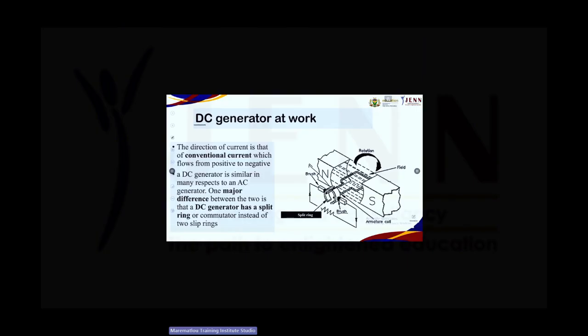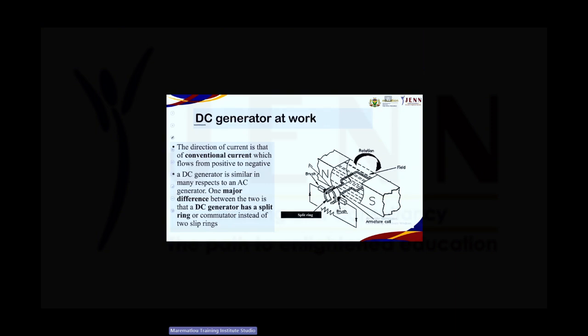And that is one of the major differences when we look at our motor and our generator. So a DC generator has a split ring, whereas an AC generator has a slip ring.